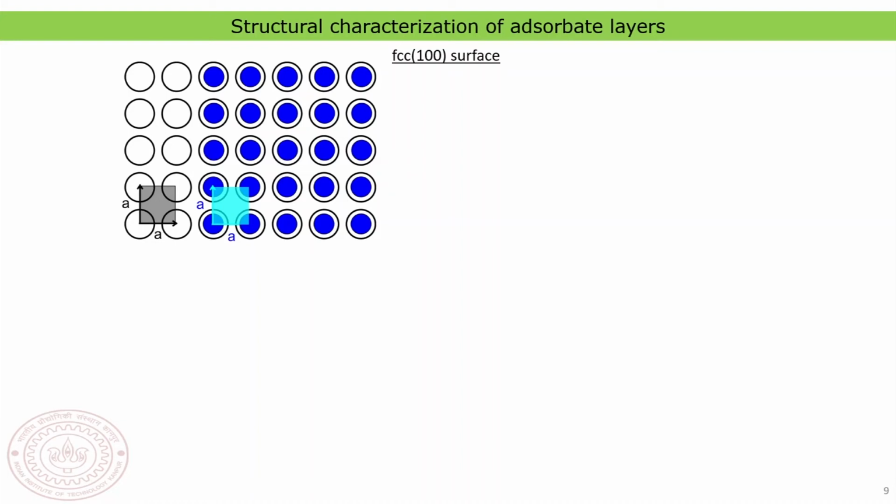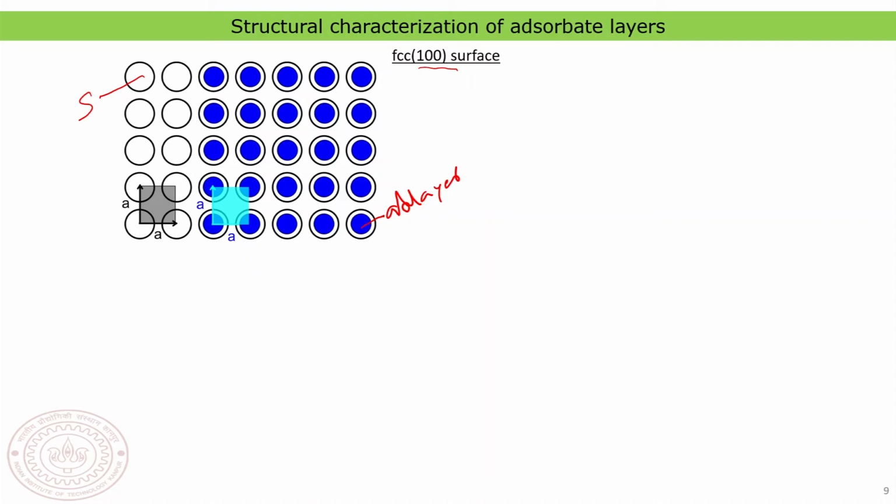Now let me introduce to you the typical nomenclature, or naming convention, of adlayers on surfaces. Here I have an FCC 100 surface decorated with adatoms. The black circles are surface atoms and the blue ones are the adlayer atoms.